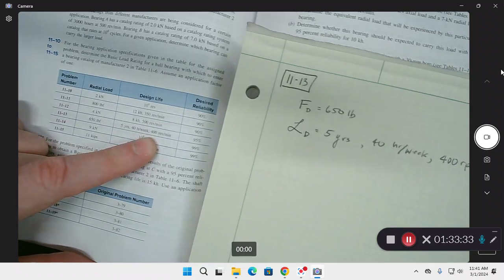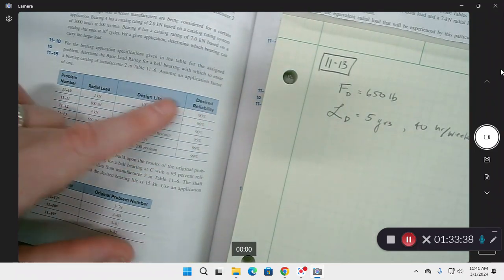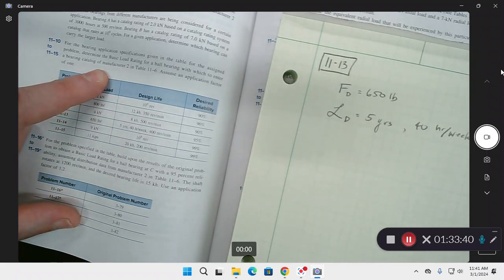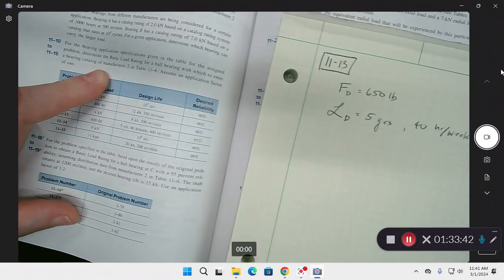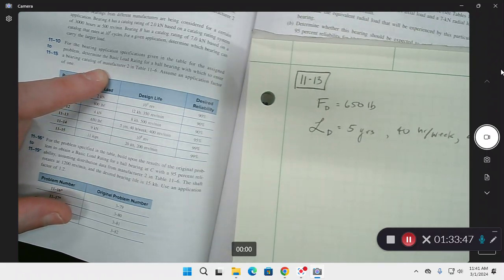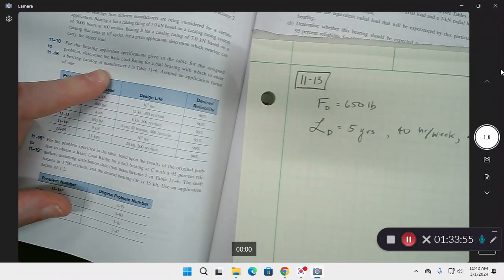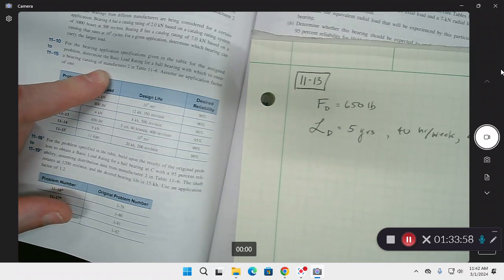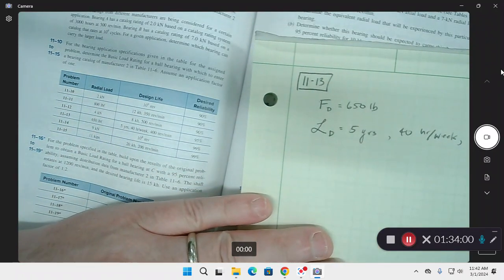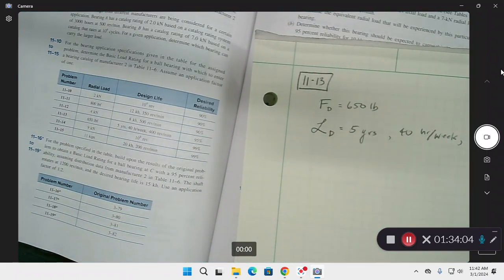They didn't quite say if that reliability was for the entire machine or each bearing. Let's assume it's each bearing. But it could be the entire machine, in which case you'd need a reliability that was the square root of 95, because each bearing could possibly fail. So if you want the machine to be 95% reliable, you need each bearing to be much more reliable than that.